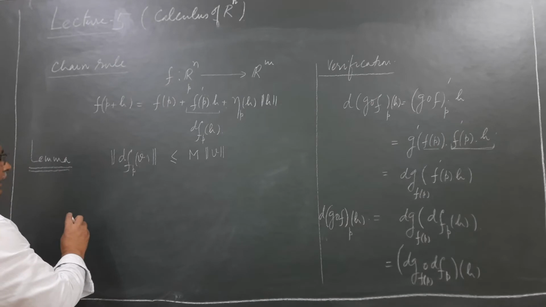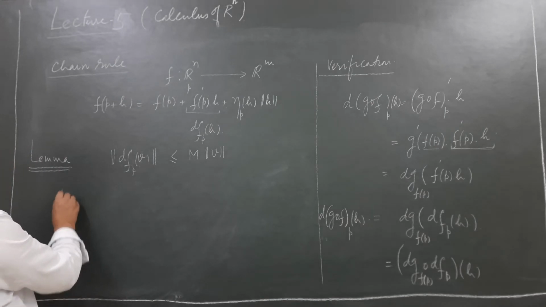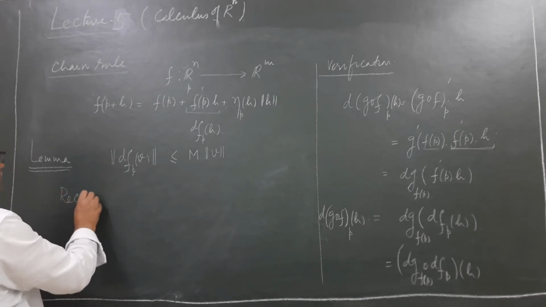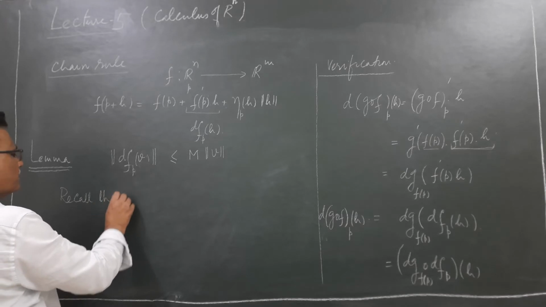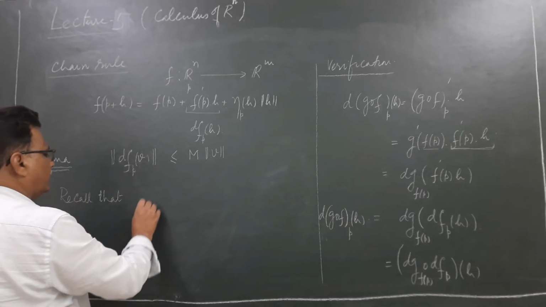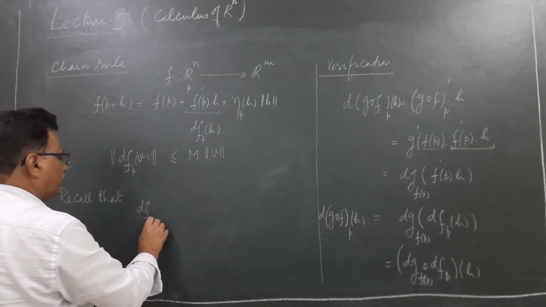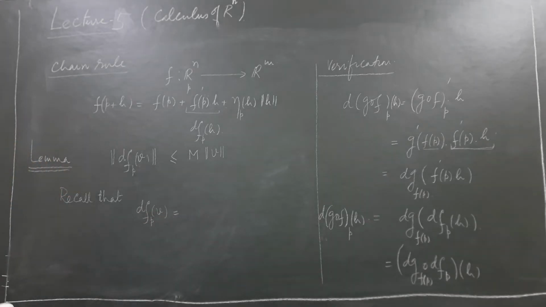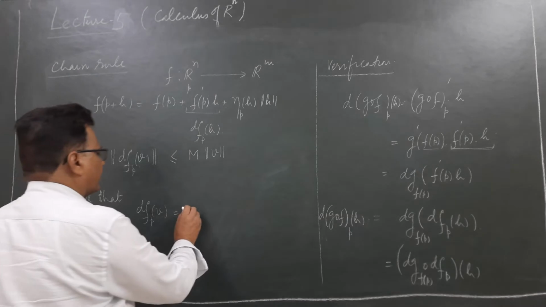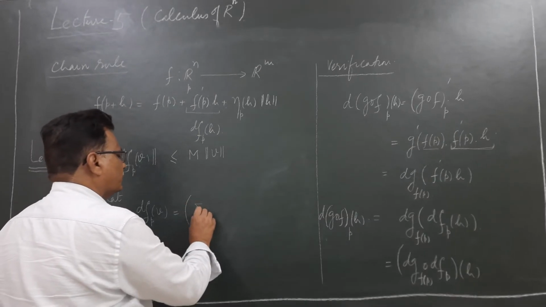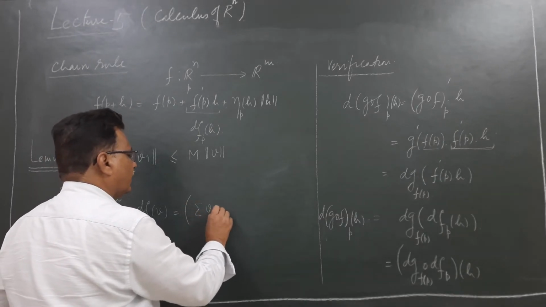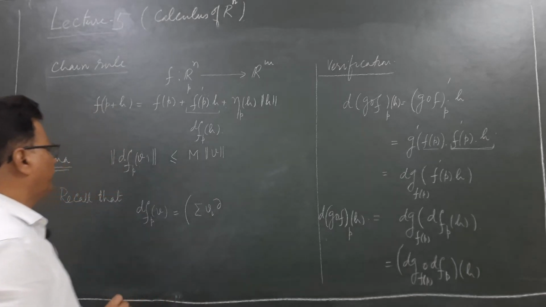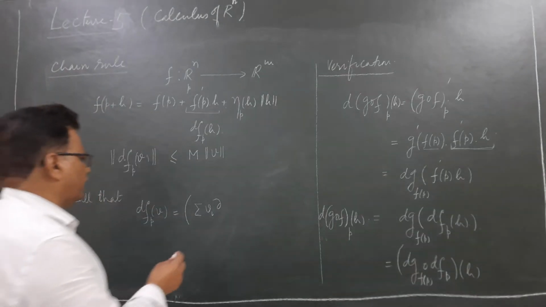inequality, let us recall. So, recall that df_p(v), if you remember last time I had obtained it. So it was in fact summation v_i, we were using a capital F at that time.